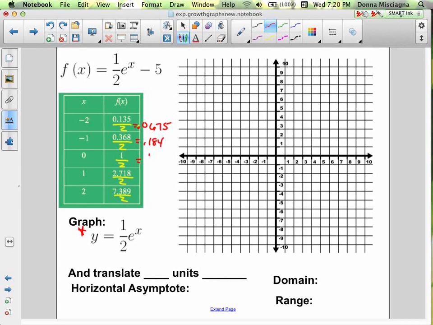A whopping 1/2. 2.718 divided by 2 is going to be 1.359, right? Sometimes I don't know what it is about decimals. If it was 2,718, I wouldn't have any issues.